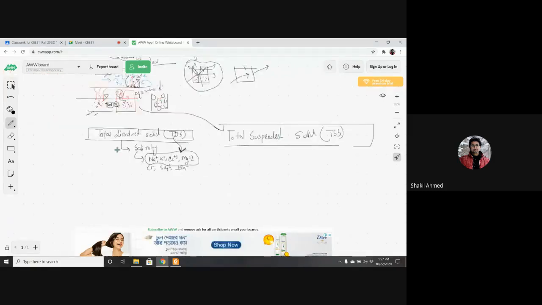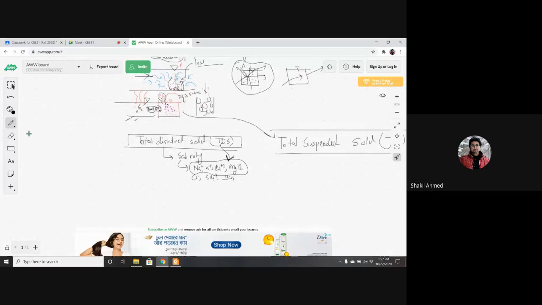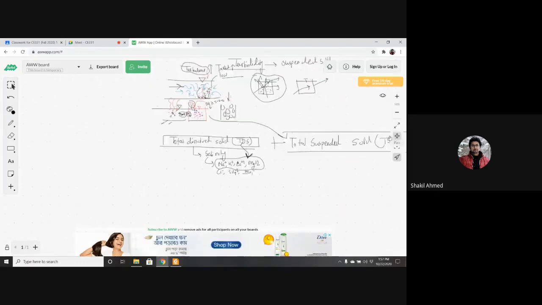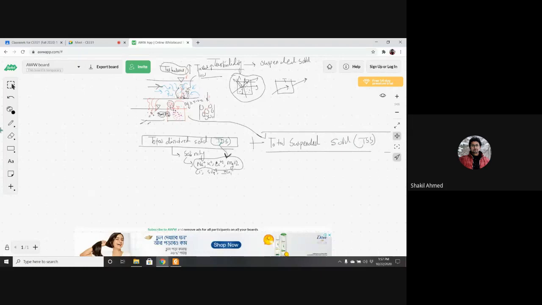Now together, if you add them, this TDS and TSS, this is what? Total solid, all kinds of solid. So this is total solid, TS. Is it clear, guys? Yes, sir.